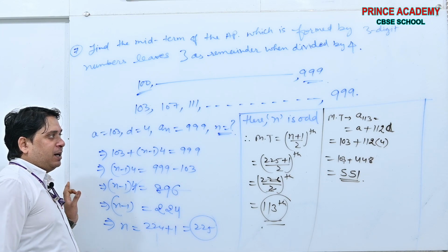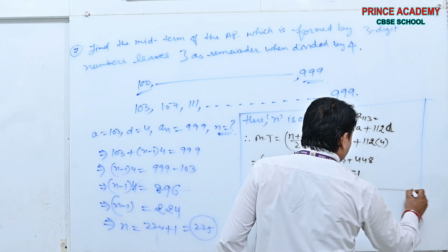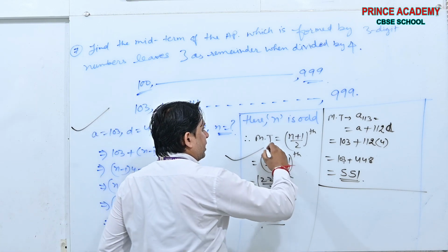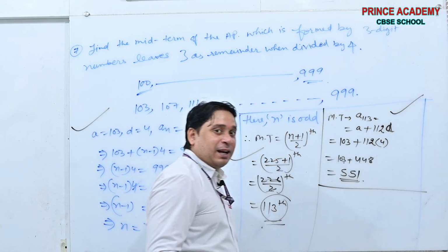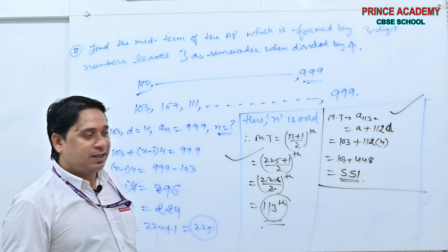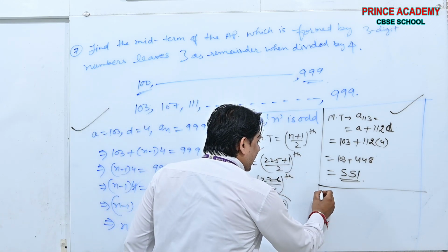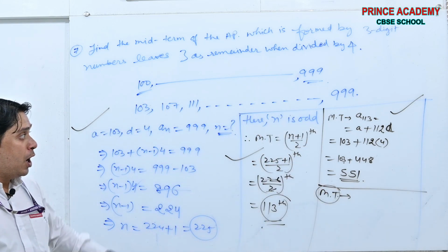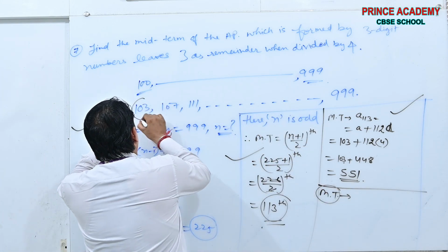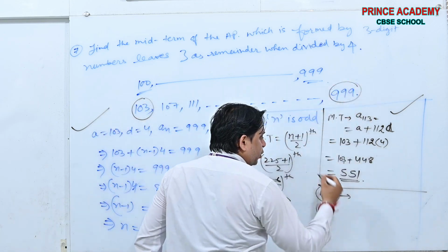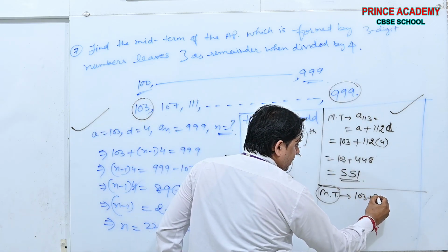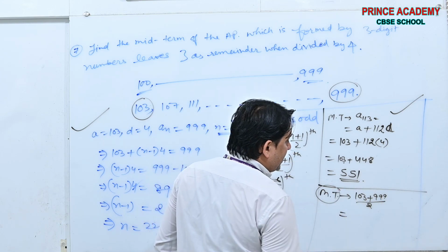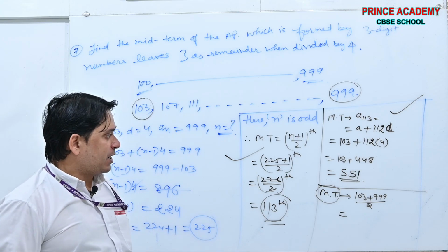One more example, the direct method. See beta, this is the method for 3 marks. Now let me show you some magic. If I say the middle term will be (first term plus last term) by 2, see what happens. Add this, 1002, yes or no?